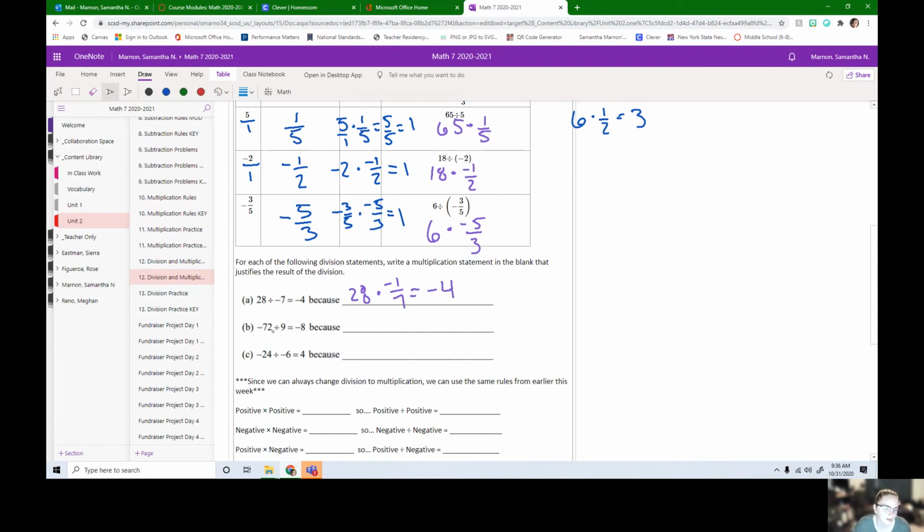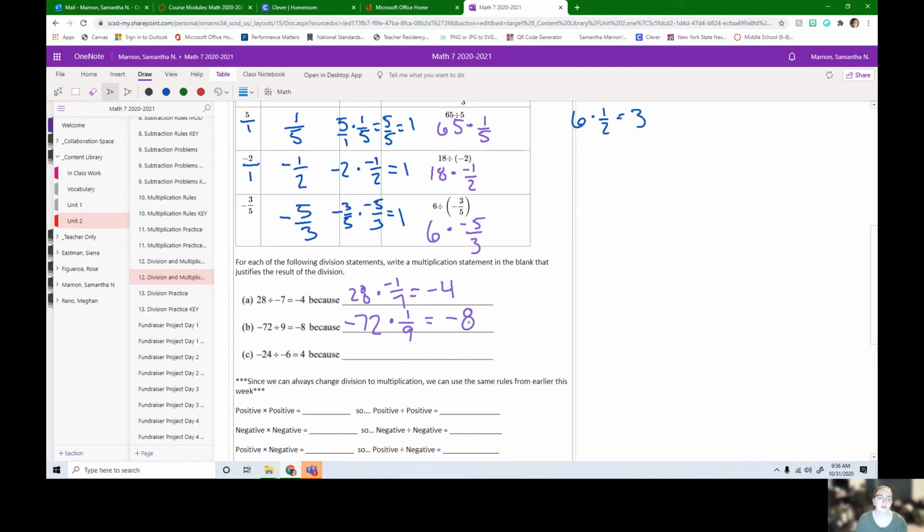So same thing here. We have -72 divided by 9. We can change it to multiplication because we learned the multiplication rules. So now that I know it's a negative times a positive, we know our answer is going to be negative. And 72 times 1/9 or divided by 9 is 8.